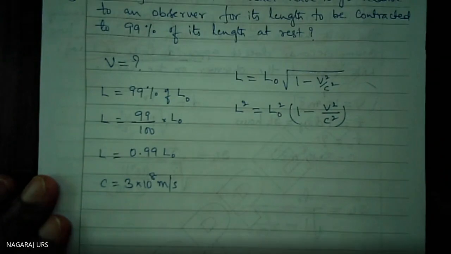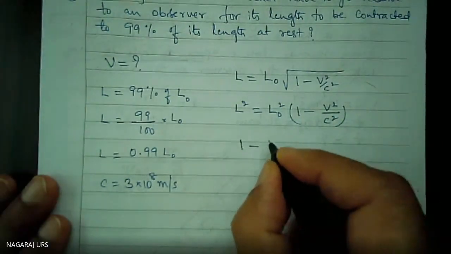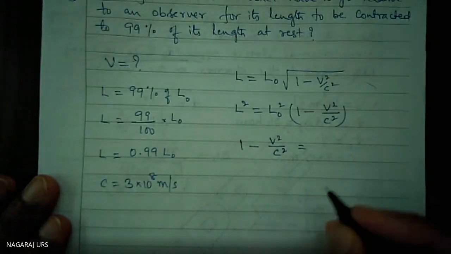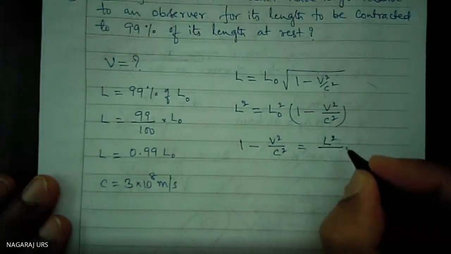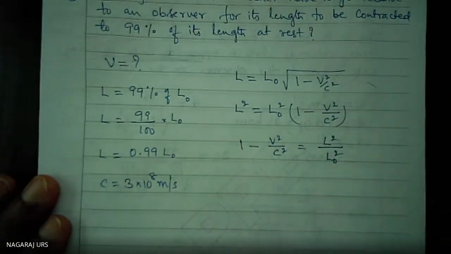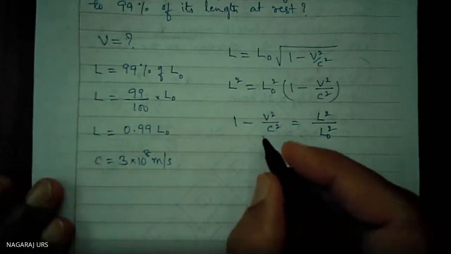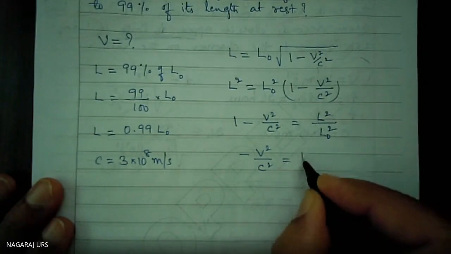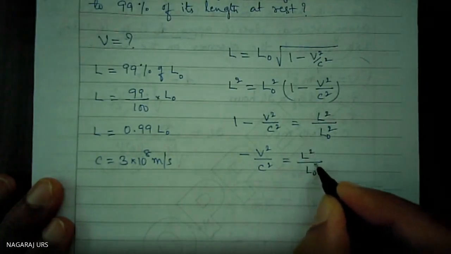Therefore, 1 minus V square by C square is equal to L square by L naught square.